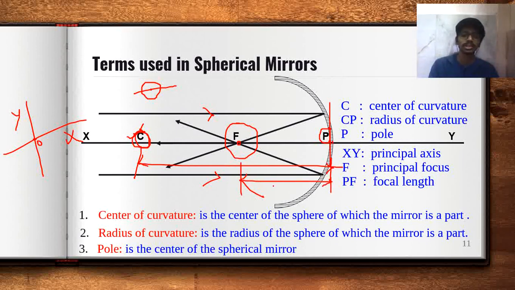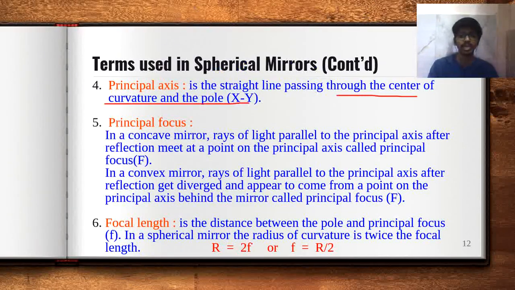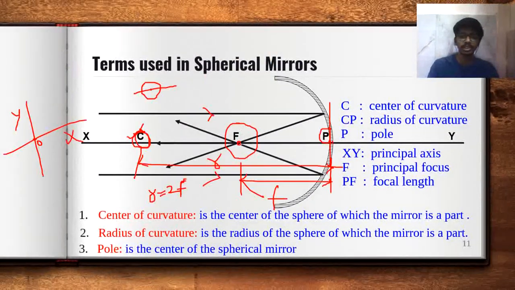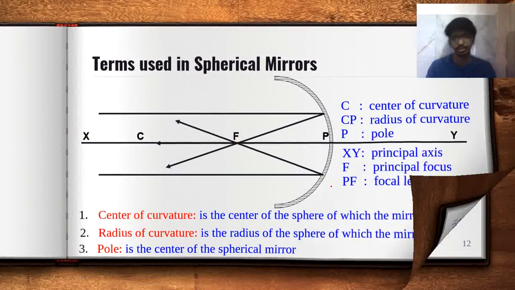This is denoted as F, and the radius of curvature as R, and remember R is equal to twice the value of F. So the focal length is the distance between the focus and the pole.